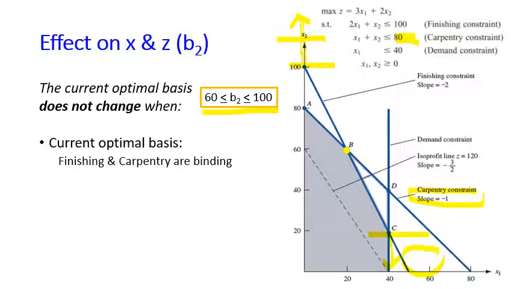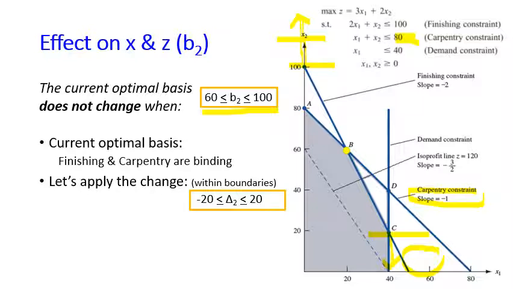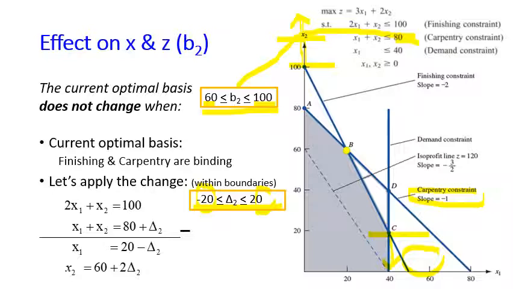So here, same as before, we observe that finishing and carpentry are binding. So let's apply the change between the allowable boundaries. Same as before, the current value is 80 for B2. We may go down minus 20. We may go up by 20 because the boundary is between 60 and 100. So apply the delta 2 in the correct position in the constraint of the carpentry, and then you perform the elimination, and then you see that these are the values for x1 and x2.